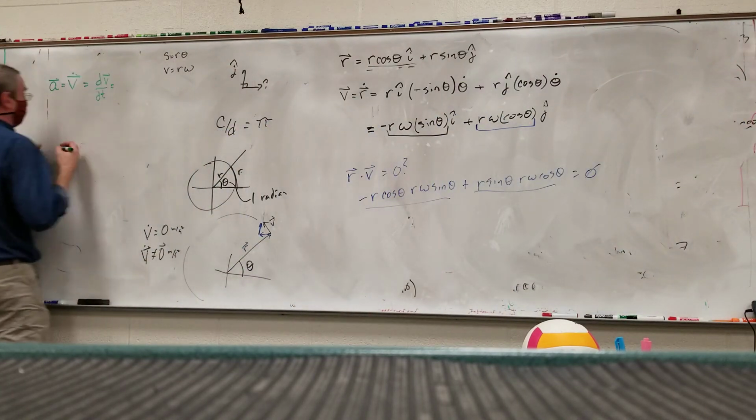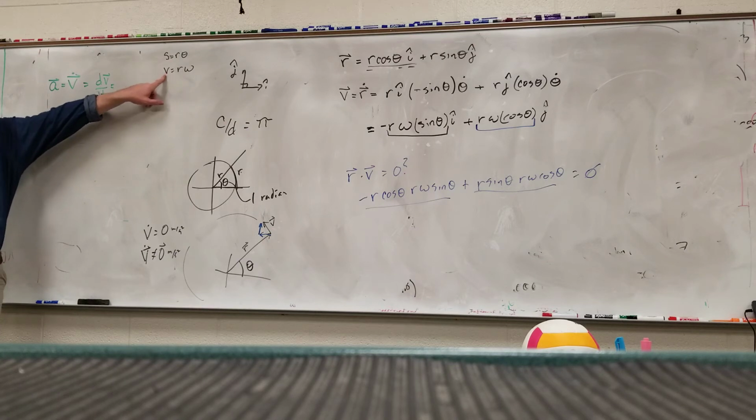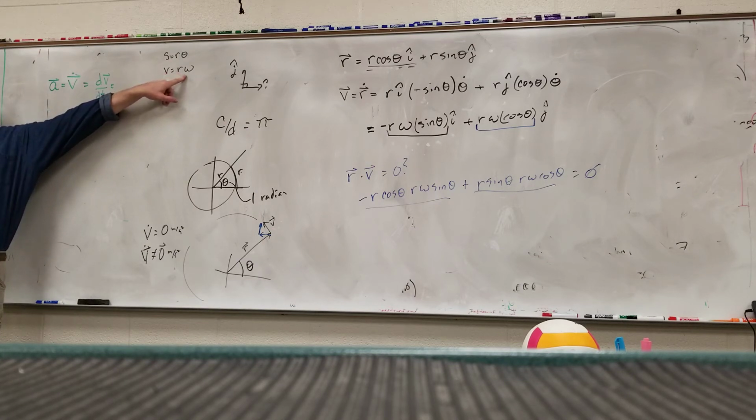All right, so the rest of it is constant because omega is constant because it's traveling around at a constant speed. Therefore, by this equation, if speed is constant and r is constant, omega better be constant.